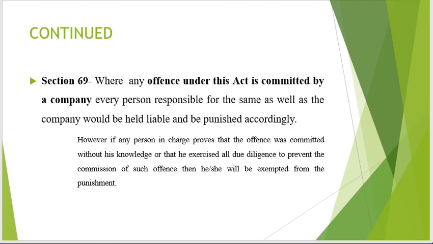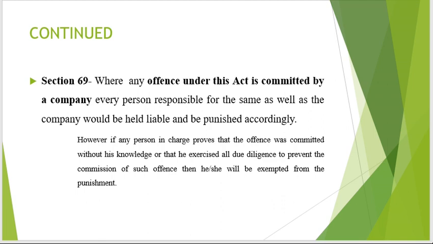So the first is that he did not have any knowledge about the infringing activity, and the second is he had the knowledge and he took all the due diligence, all the proper reasonable care which a person in authority is expected to take.